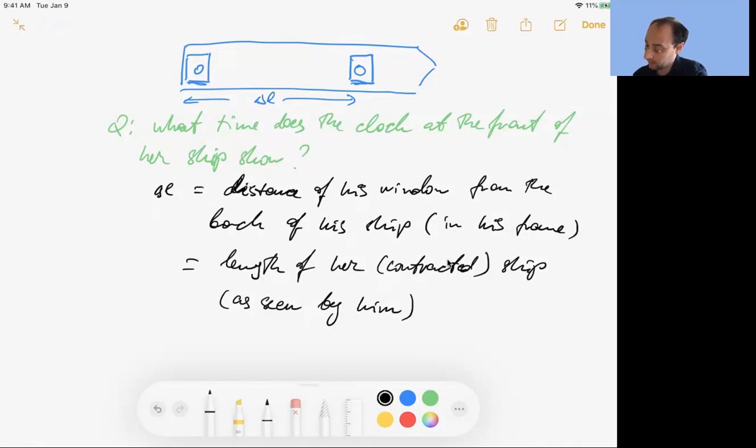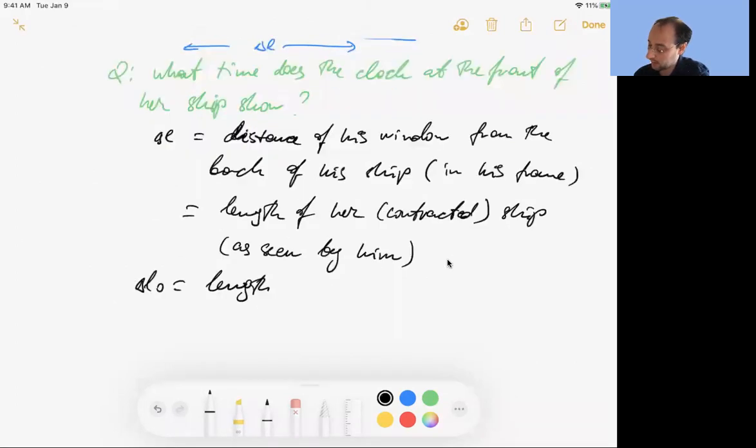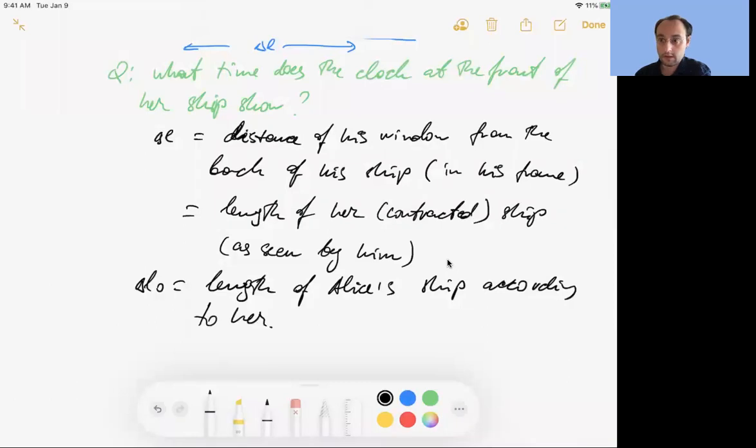Now the length delta L naught equals the length of Alice's ship according to her, which is just the proper length, right?